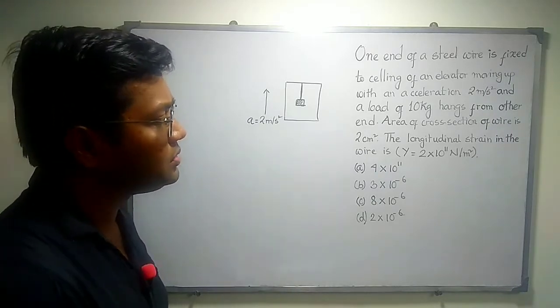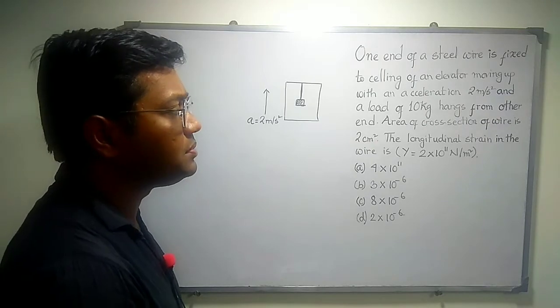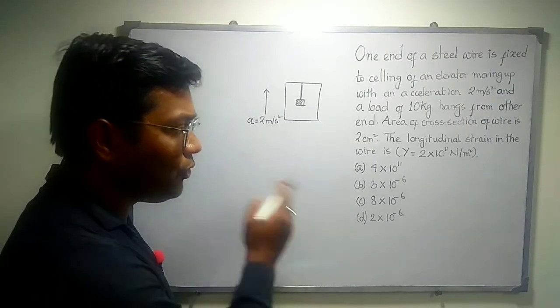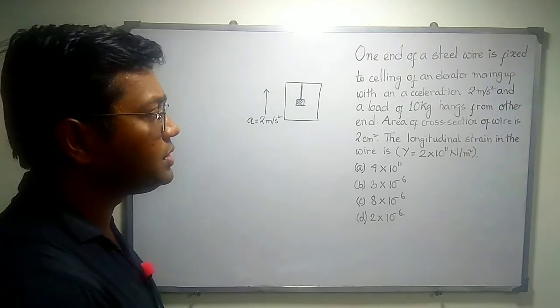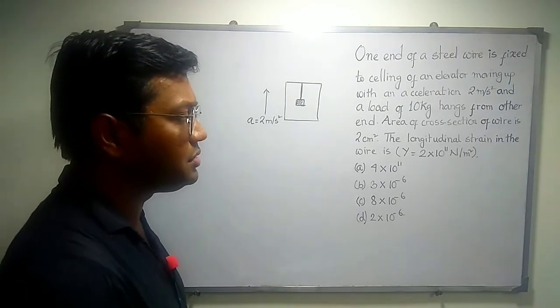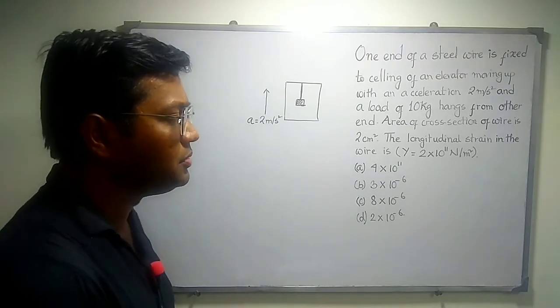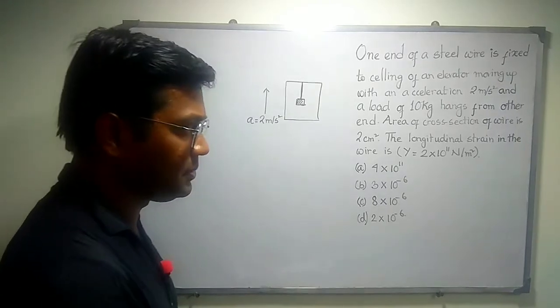Young modulus is 2 into 10 to the power 11 Newton per meter square. Obviously it is the material's property. Four options are given: 4 into 10 to the power 11, 3 into 10 to the power minus 6, 8 into 10 to the power minus 6, and 2 into 10 to the power minus 6.